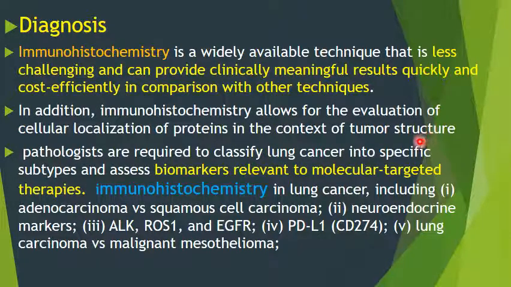This technique is very important, and it is done for every case in pathological examination to confirm the diagnosis. Because, as we say, confirming the diagnosis and the type of the tumor is very important to determine the therapy or the mode of treatment for the patient.